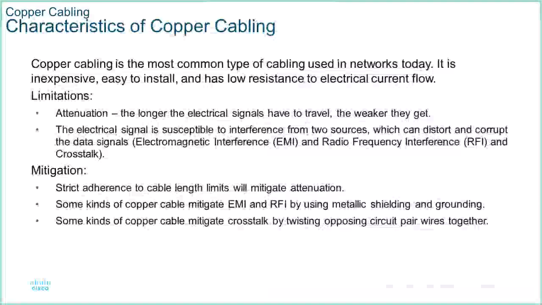So EMI are from such things as electrical motors running near the cables, high magnetic sources of power. Radio frequency are such things as your microwaves, that sort of thing, radios. And crosstalk is actual signal transfer between one wire and another within the cable.